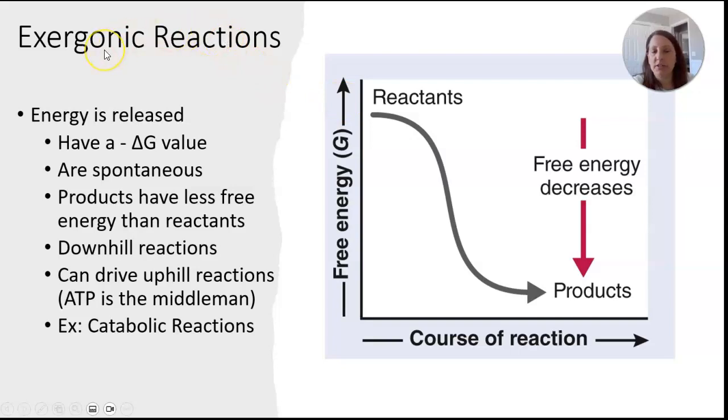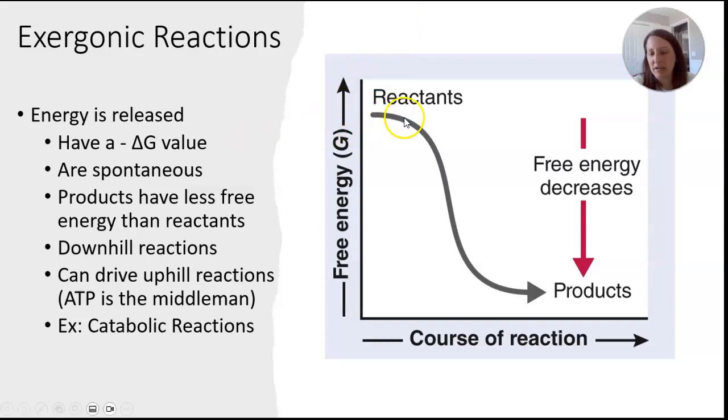In a reaction that releases energy, we would call that an exergonic reaction. That's also called downhill. If you look here, we have reactants. This is the amount of energy that the reactants have. And as the reaction proceeds, where's my pointer?